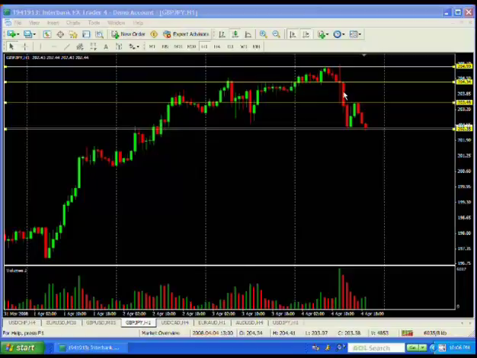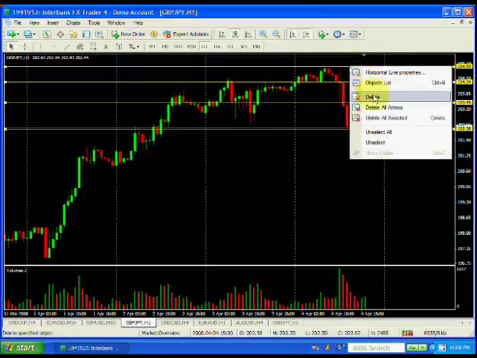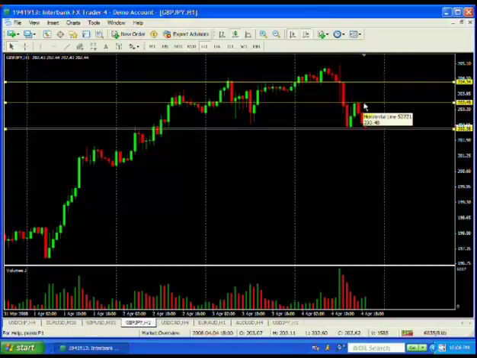But now, as far as our dynamic support and resistance, let's get rid of a couple of these lines so we can see a little bit more clearly here. Now, on the way down here, where is our next level of support?